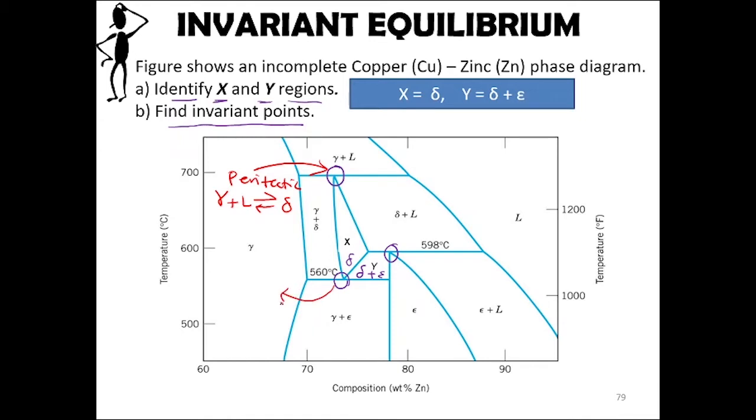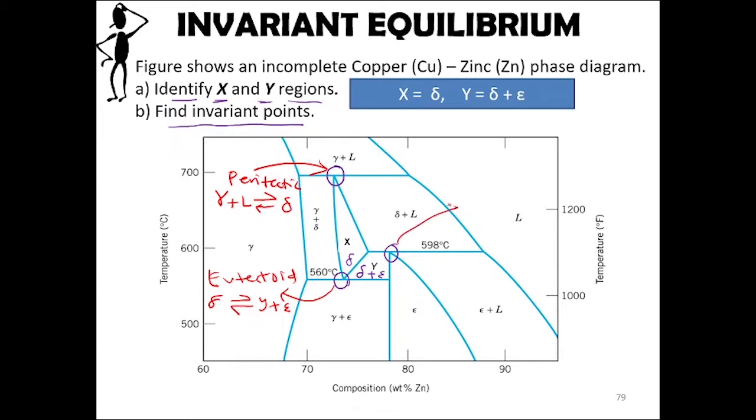For this point, we have a eutectoid invariant equilibrium, or eutectoid point, where delta directly changes into gamma plus epsilon, and gamma plus epsilon can directly change into delta.